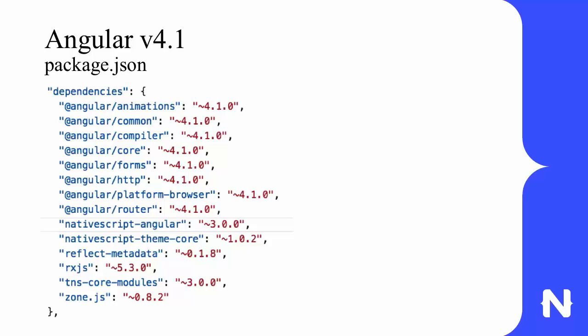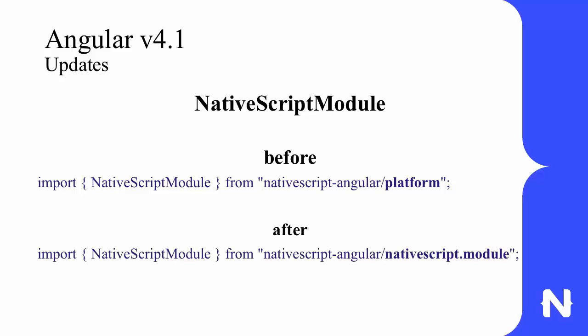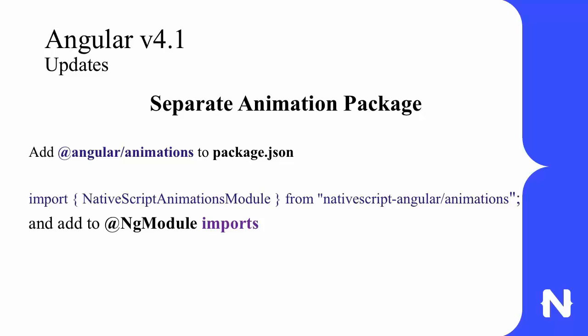If you have an existing project with NativeScript and Angular, you have to make some changes to it. So one of the things is you have to find the NativeScript module and change it from nativescript-angular/platform to nativescript-angular/nativescript.module. Another one, the animation has been moved to a separate package.